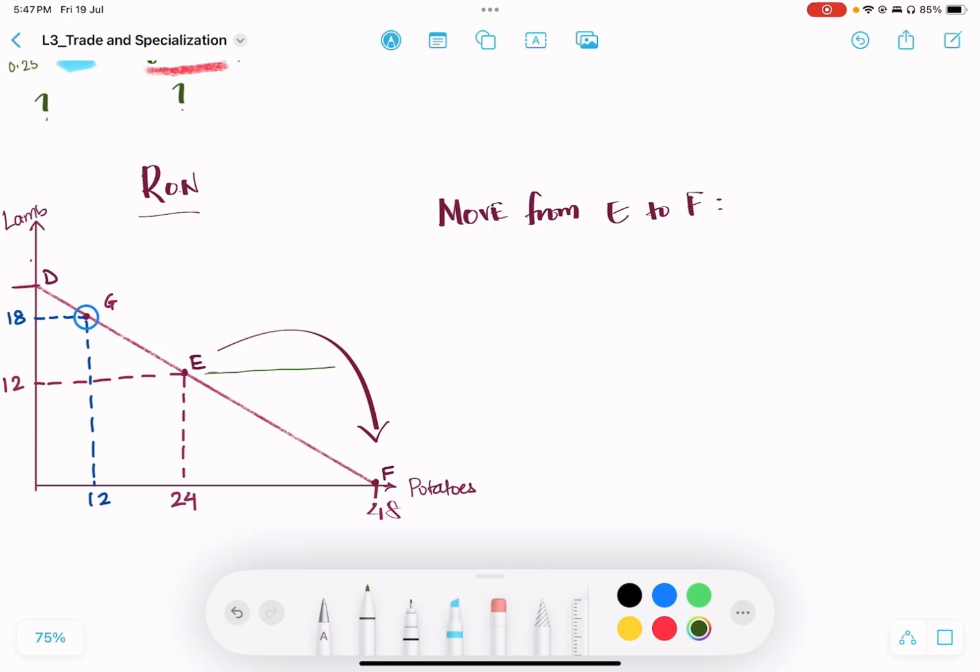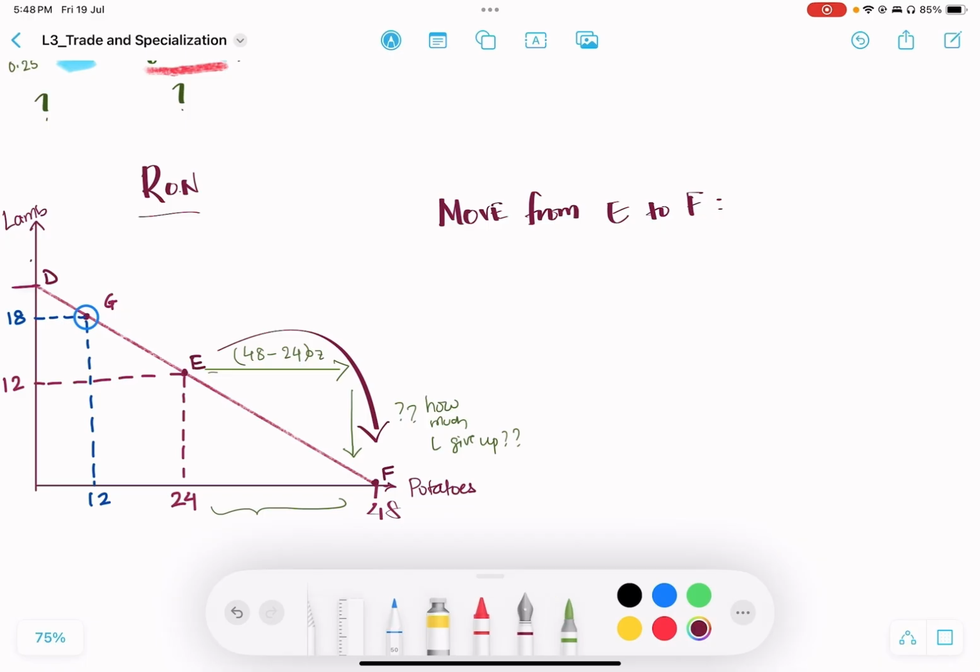That he is increasing his potato production. And by how much? Look at this, by this much, right? So he's increasing his potato production by 24 ounce, right? And in order to do that, the question we're asking is how much lamb does he give up? That's the question we're asking. So let's formally write that down.